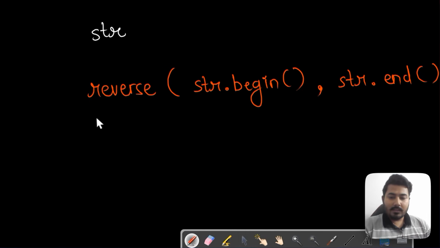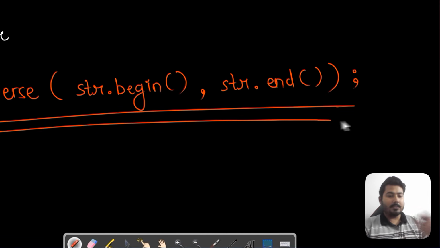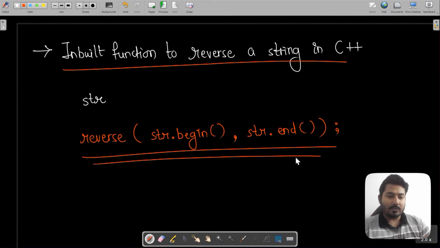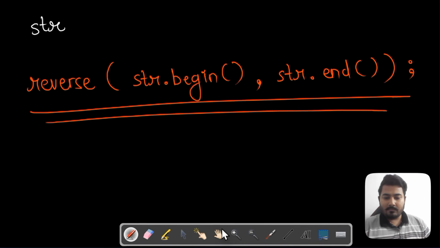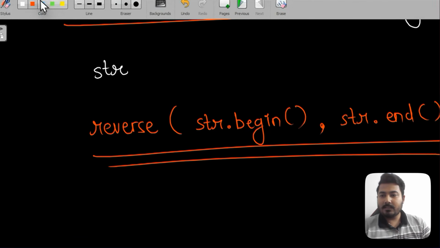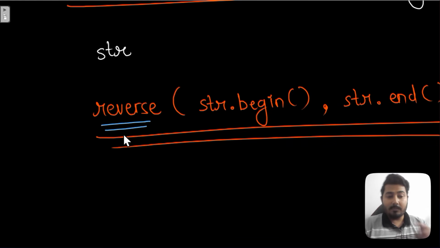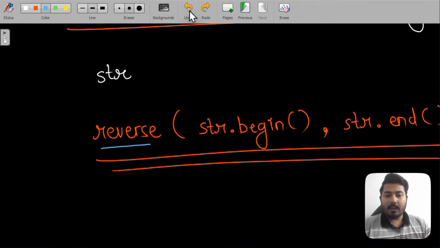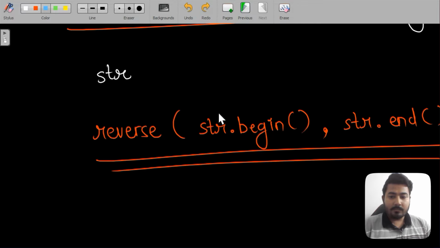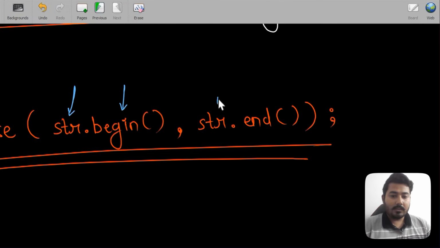If you do this, it will also reverse your string. It will do the exact same thing which we have just done. What it means is that it is using an inbuilt reverse function, and it is going to reverse the string from the beginning to the end.